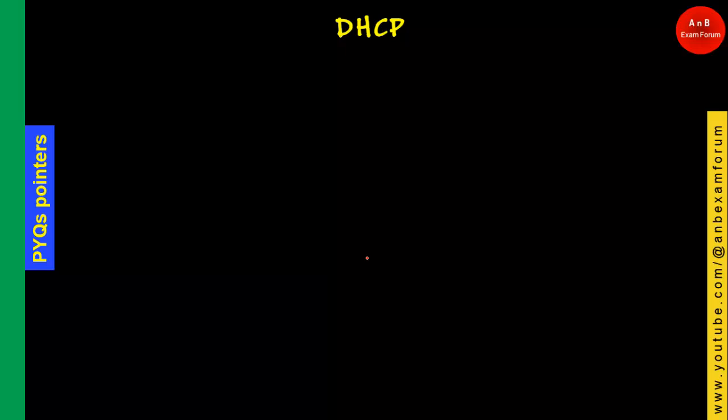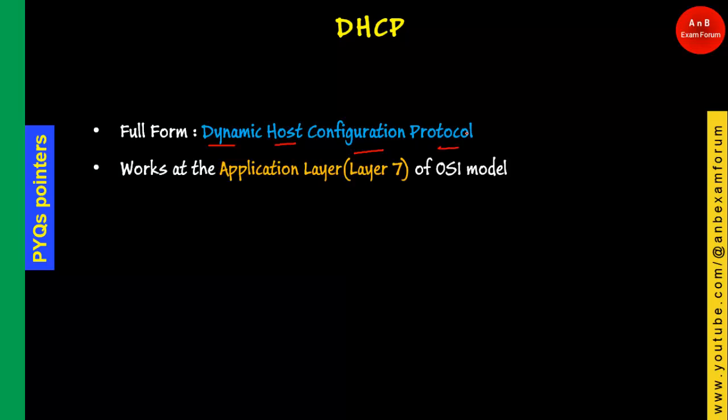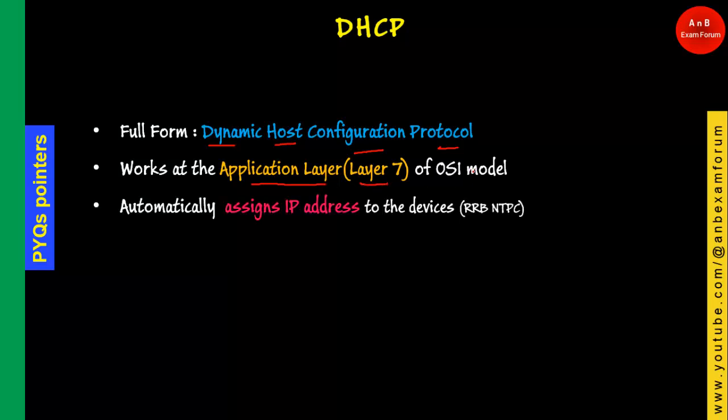The next one is DHCP. It is again an application layer protocol, and the full form is Dynamic Host Configuration Protocol. It operates at the application layer, hence it is layer 7 of the OSI model, and the main purpose of this protocol is the assignment of IP addresses to devices automatically.